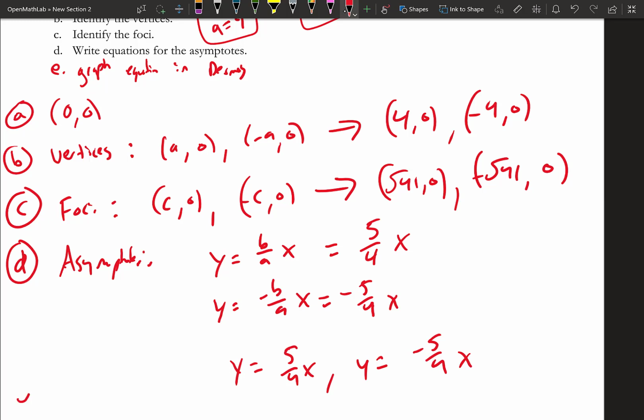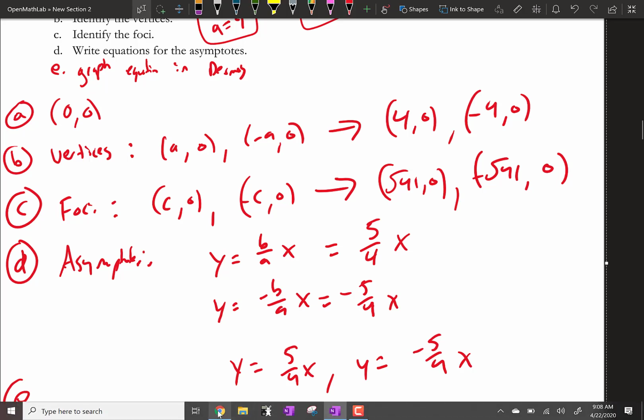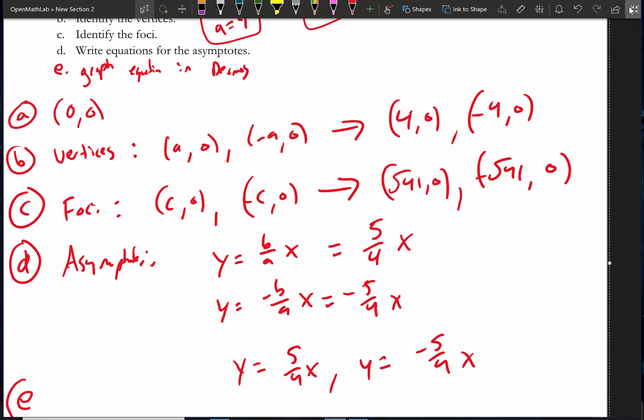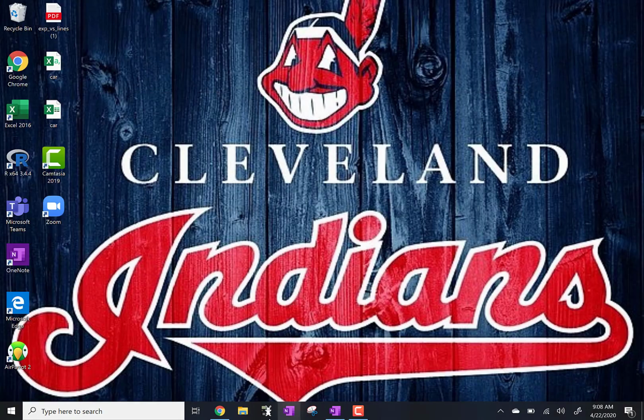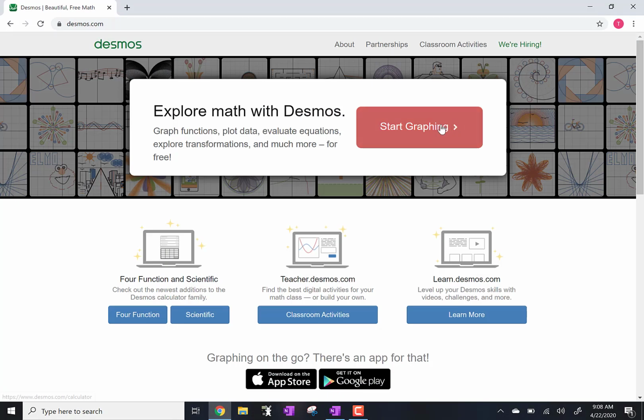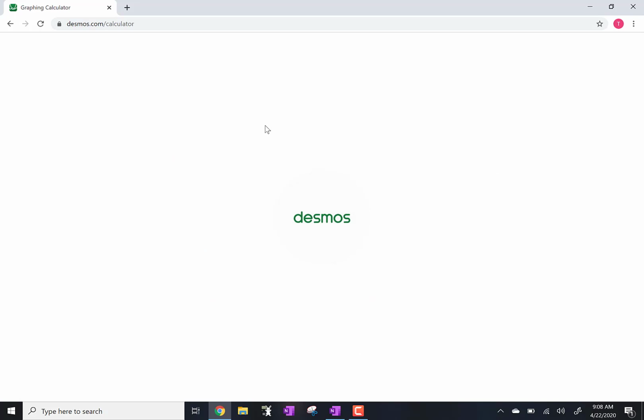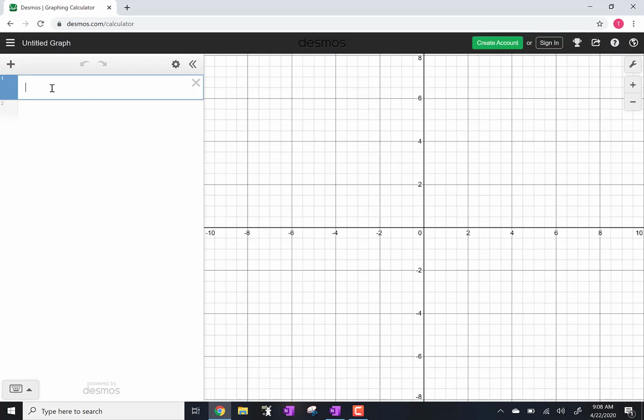Right, so then part E, we want to graph this on Desmos. So let me put my keyboard back on and we'll get that up. All right, so if you just go to desmos.com, you can hit start graphing, and then we can just type in the equation into here.